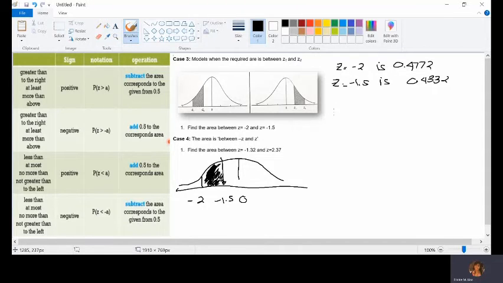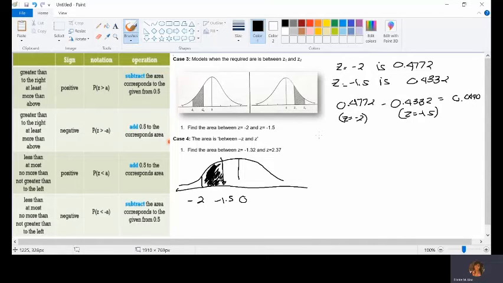So here, it suggests subtraction. So we're going to subtract 0.4772 minus 0.4332. This is the area of your -2, and this is the area of your -1.5, which will give us an answer of 0.0440.